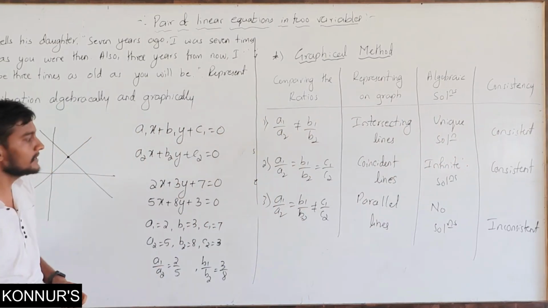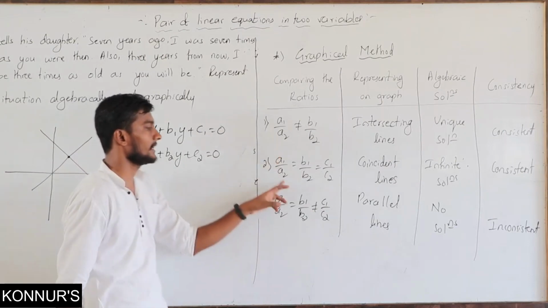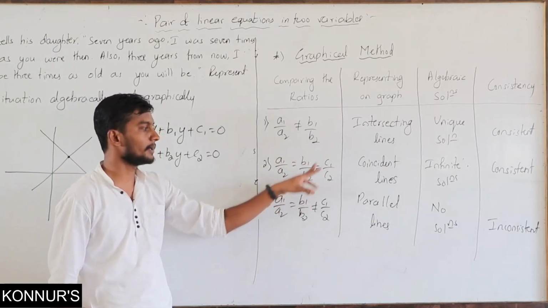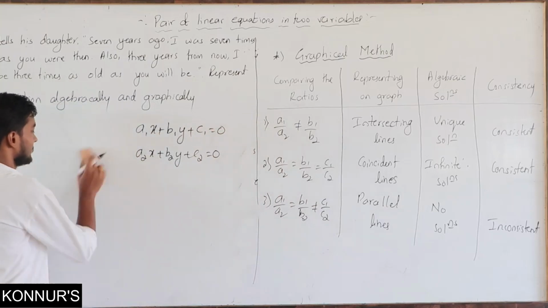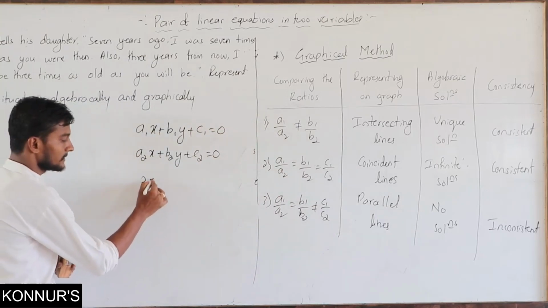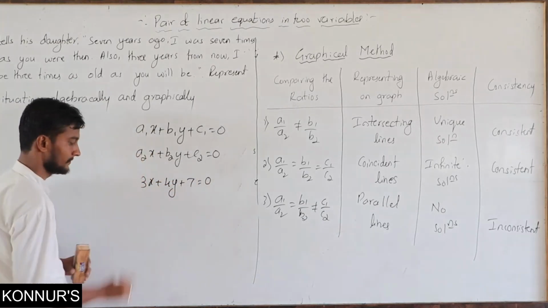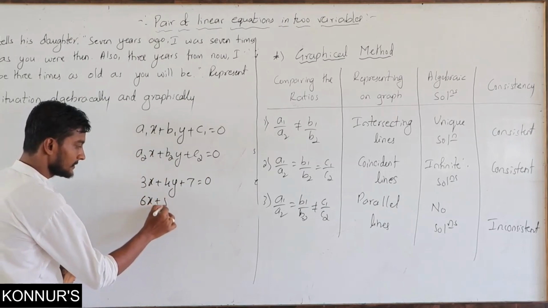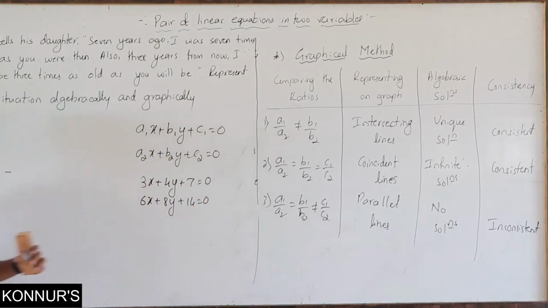Next we discuss the second condition, that is a1 by a2 is equal to b1 by b2 is equal to c1 by c2. Let us take one more example, that is 3x plus 4y plus 7 is equal to 0, 6x plus 8y plus 14 is equal to 0.